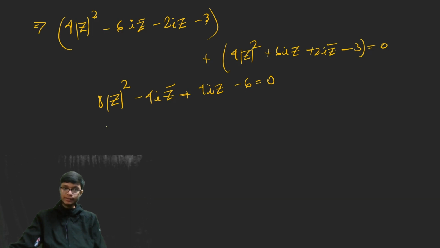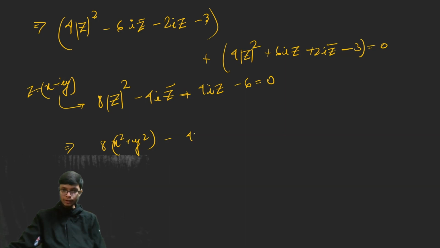So with this you will get the result as this. Now let us put back z equal to x plus iota y, and if you put z as x plus iota y in this equation, you will get 8 times (x square plus y square). Now minus 4 iota, if you take minus 4 iota common, this will become z bar minus z. So z bar minus z is basically equal to (x minus iota y) minus (x plus iota y).